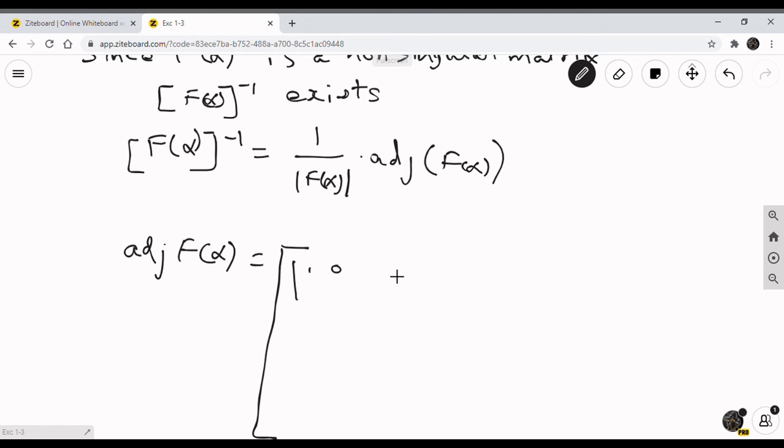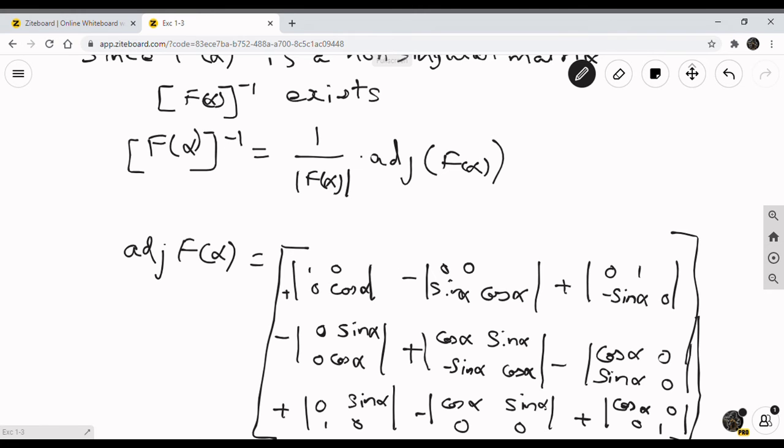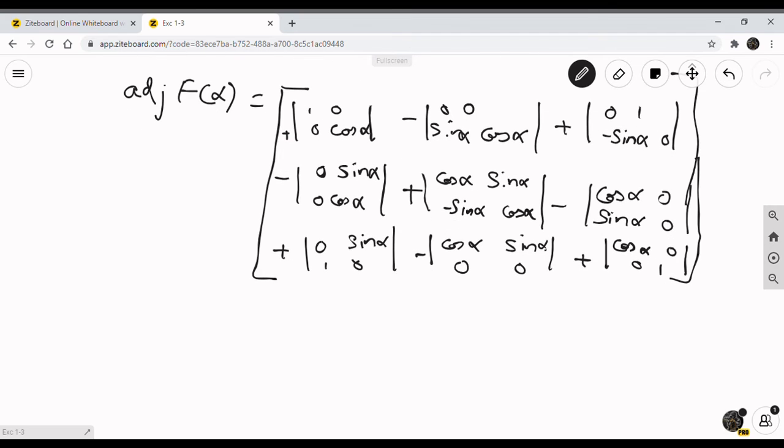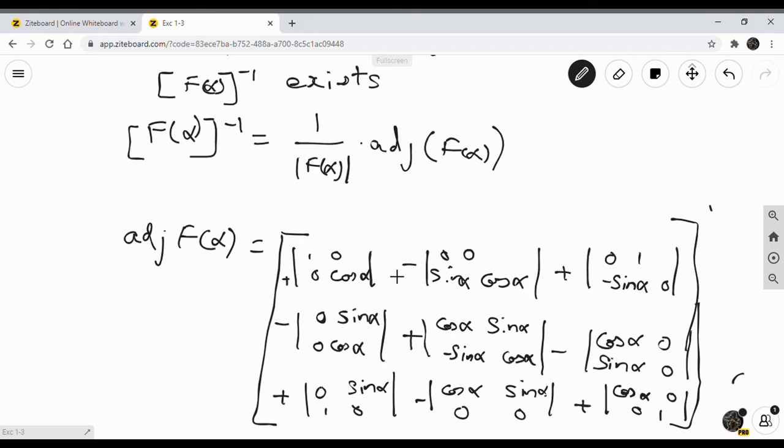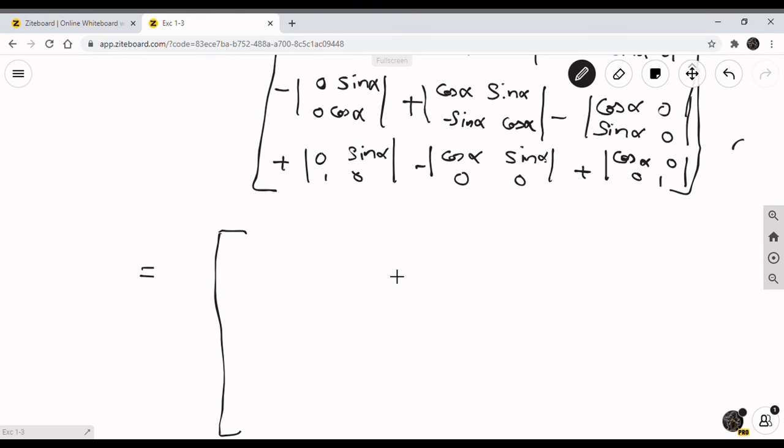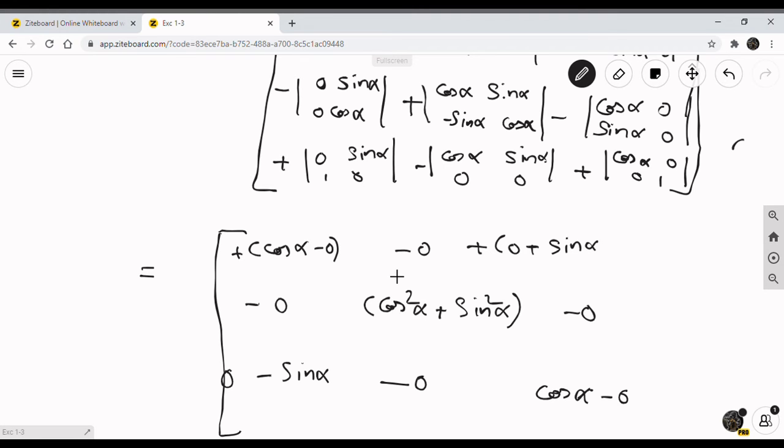1, 0, 0, cos alpha. The transpose of this matrix. So transpose of this.